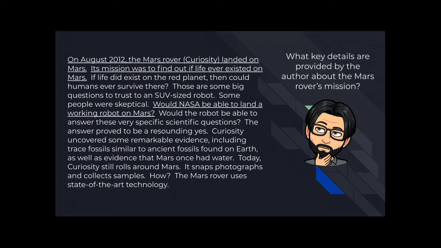But then the author asks a question, and this clues us into the next part of the mission. Would NASA be able to land a working robot on Mars? Okay, so we can take from that question that part of the mission was to see whether or not it could actually be done.